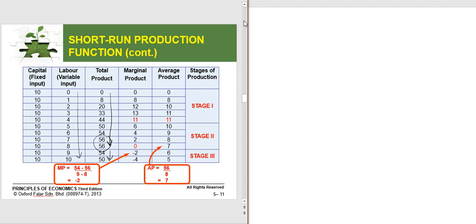You can see here that the additional production, or the marginal product, first is increasing, and then at a certain level it will start to decrease, and then it will reach negative, meaning the variable input, or the labor, will no longer be productive because of overcrowding. The number of capital is fixed, the number of machineries is fixed, but the number of labor keeps increasing and increasing.